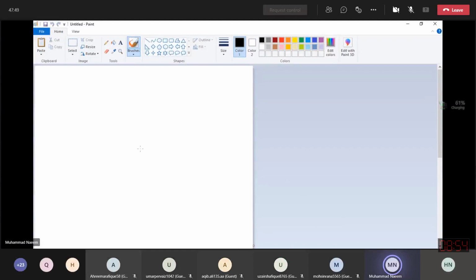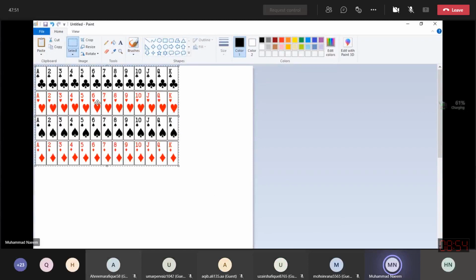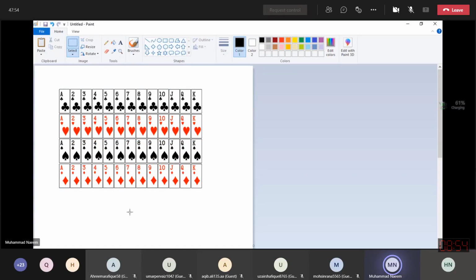So we have this situation. This is our total availability. Now highlight the events we are discussing in our problem. The category of diamond. So these 13 cards are related to the category of diamond.